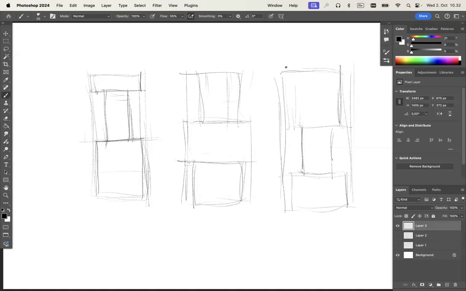Okay, then the second part here. So this was part one, dividing these. The second part, I'll make a new layer for those. Maybe also a slightly different color.